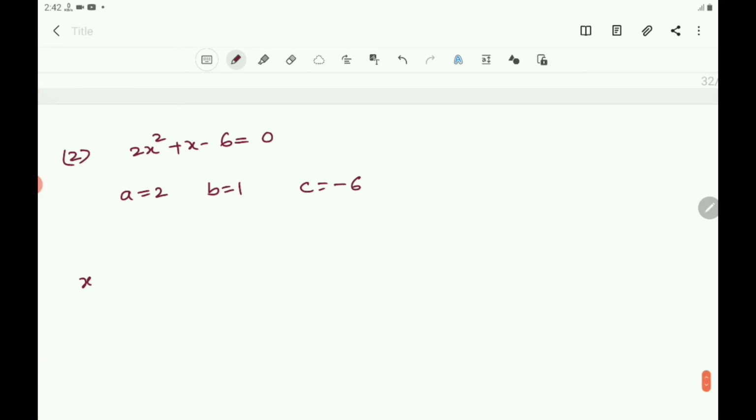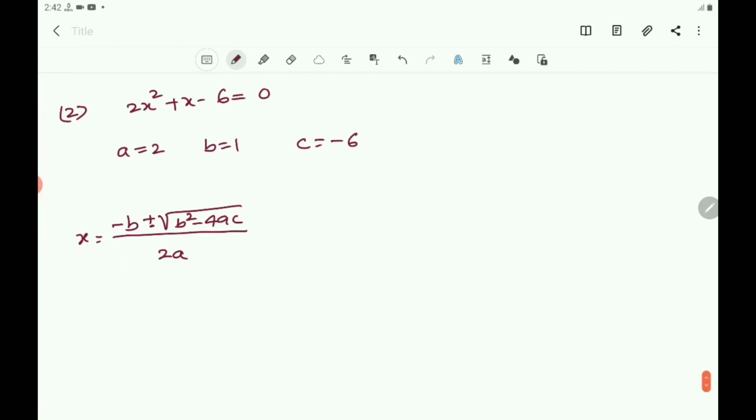Then you write the formula x equals minus b plus or minus whole root b square minus 4ac by 2a. Then x equals minus b, that is minus 1, b value is 1, plus or minus whole root b square is 1 square minus 4 into 2 into minus 6, by 2 into 2.